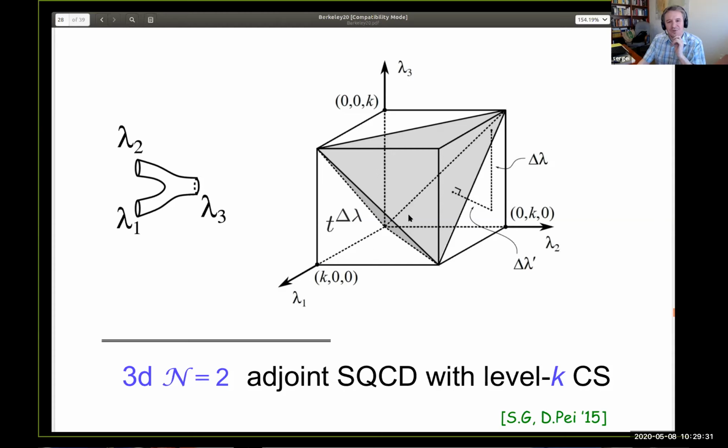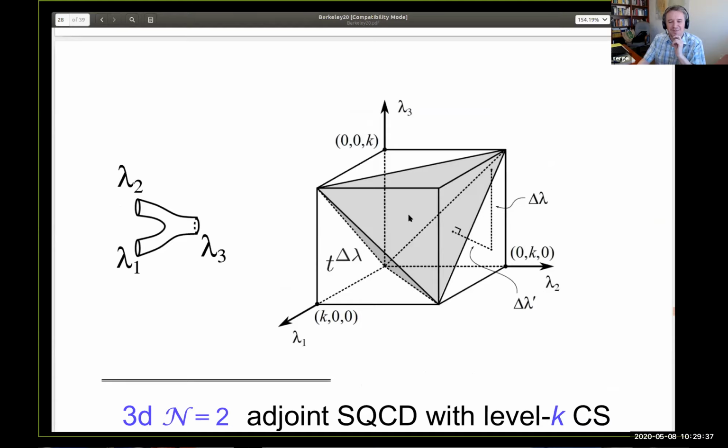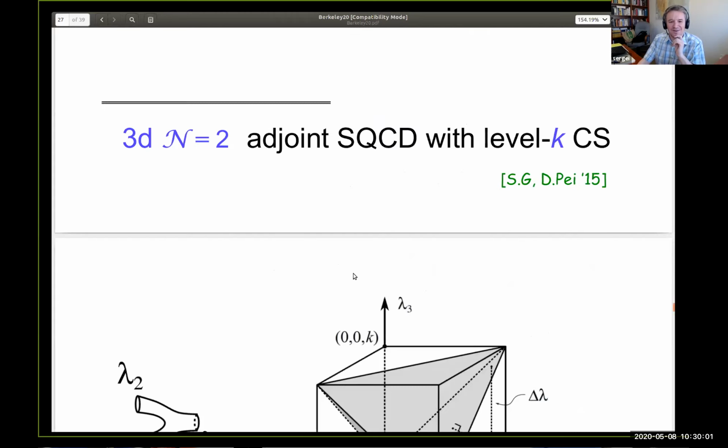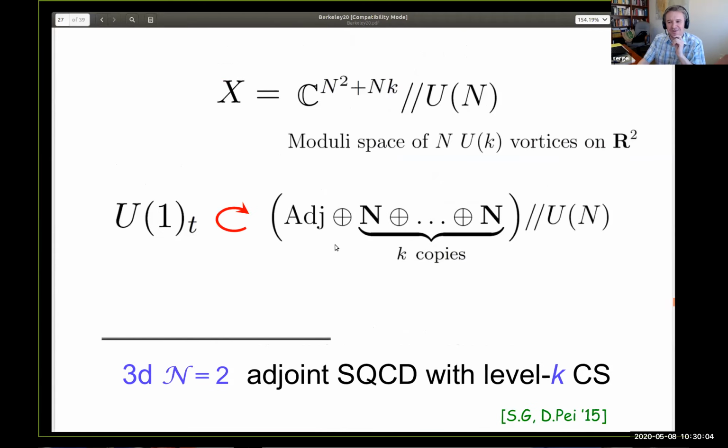Some of you probably already recognize a familiar structure, in part because if you take t to be 0, then you essentially remove this adjoint piece. In that case, what I give to you is a Kähler quotient construction of the Grassmannian. And if you think about the relation between cohomology of the Grassmannian and the Verlinde algebra found by Witten, then what we're doing is basically a deformation of that story.